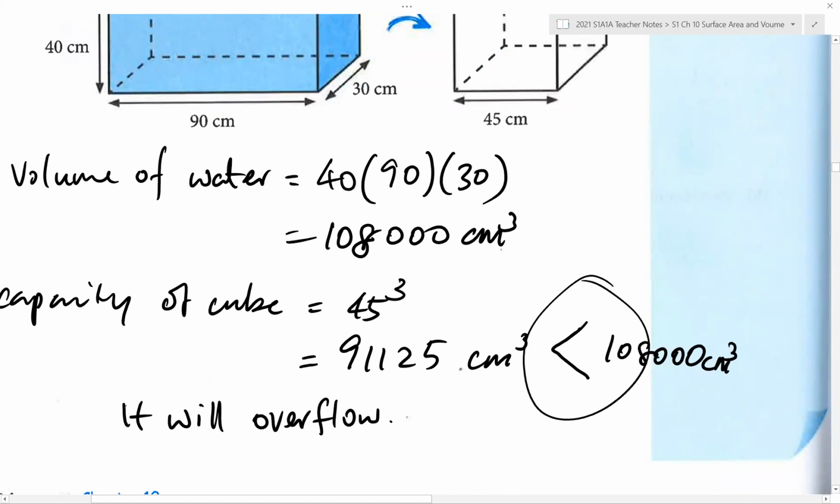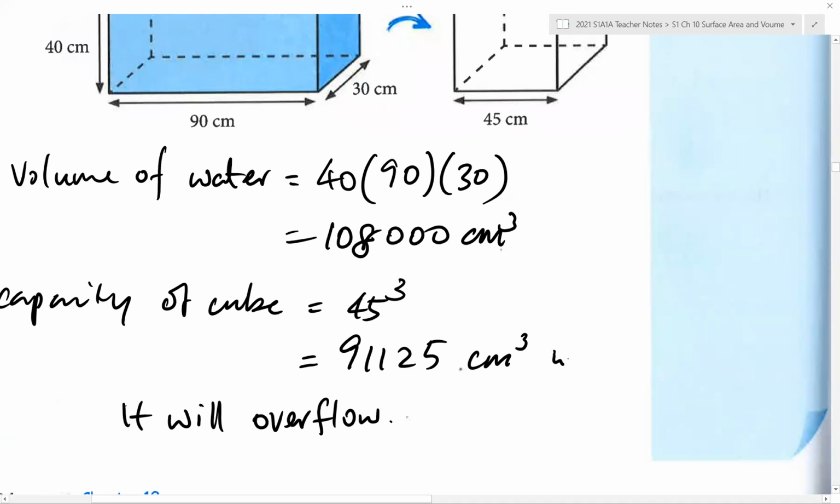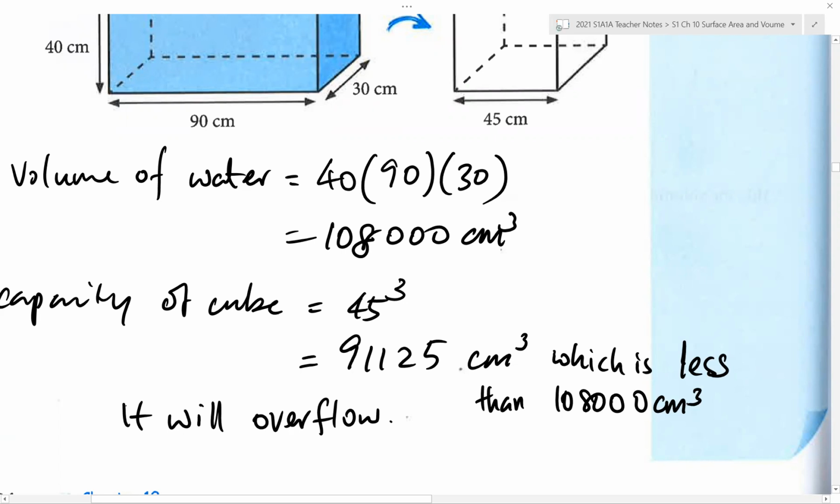Alternatively, if you don't want to learn the mathematical symbol, although you must learn, if you choose to be stubborn, I don't want to write that, I don't know how to use the inequality sign, I want to use words. Okay, you write it down in words, which is less than 108,000 cubic centimeter, so then it will overflow.